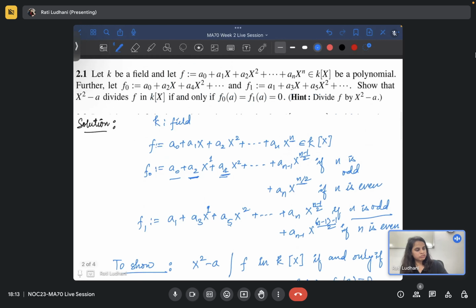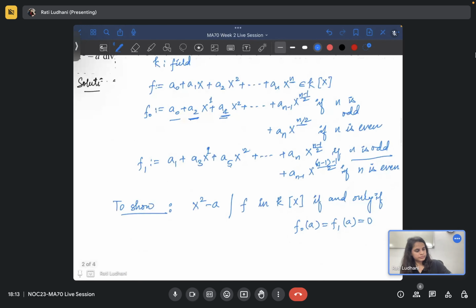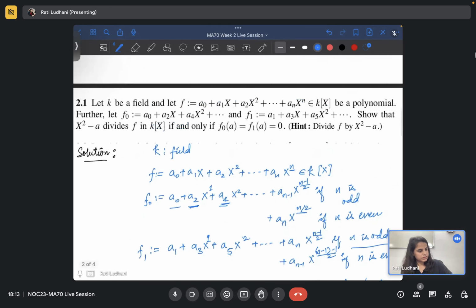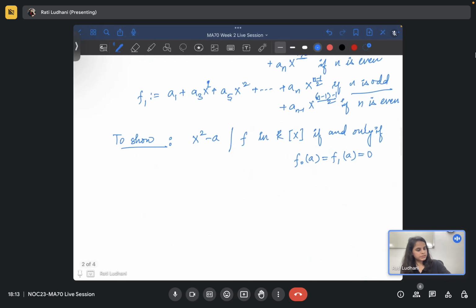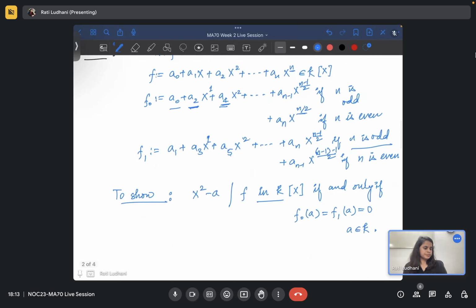Like a is a root of both of the polynomials. And in K[x], that means a belongs to K. We don't need to write that because divides in K[x] means a is in K. Okay, so we need to show that.